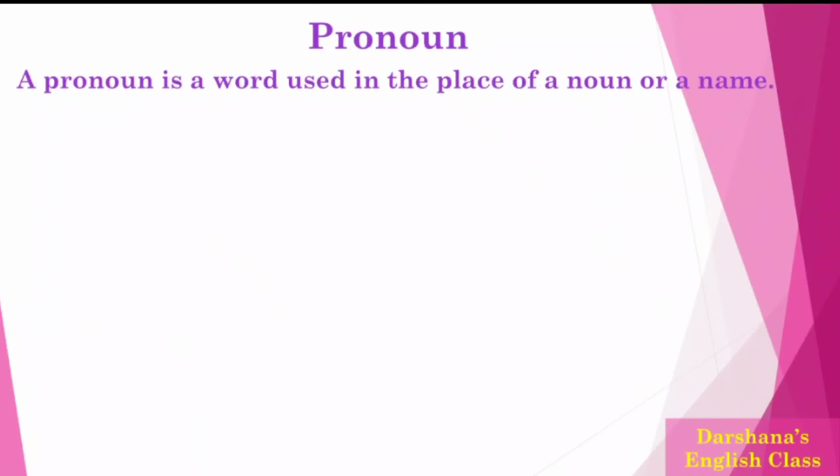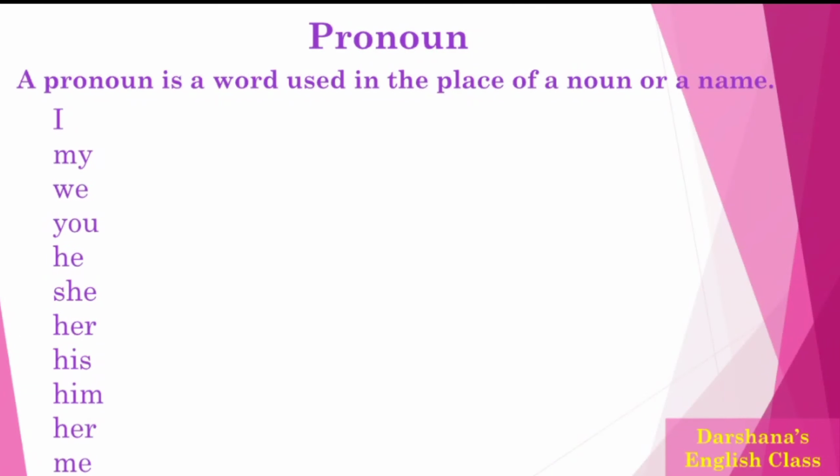Ram was a very good son. Ram was a very good husband. Ram was a very good ruler, who was a very good student, isn't it? So, to avoid repetition of noun, a pronoun is used, okay? And it is also used when we have to talk in general.